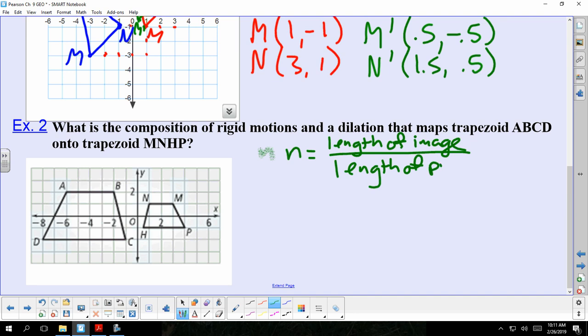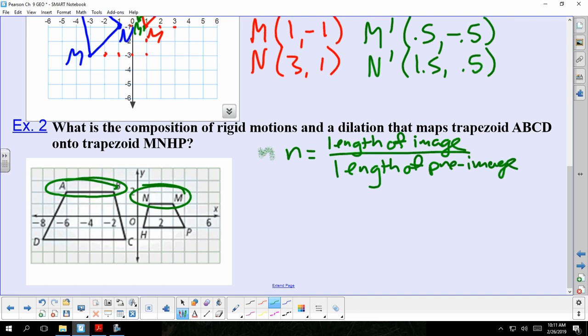So I just need to find one of the sides to find that scale factor. The scale factor is just the ratio of corresponding sides of similar figures. So I'm going to first look right here. I have AB and MN. So which direction am I going? Is this going to be a reduction or an enlargement?